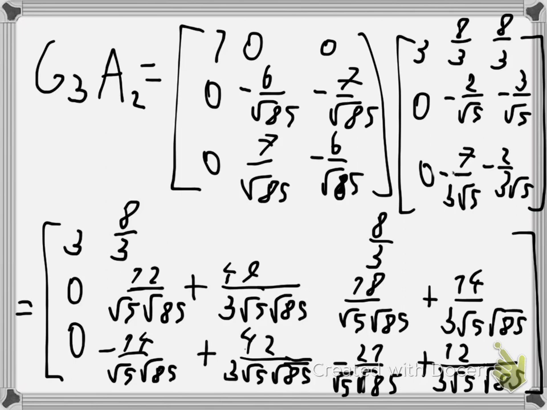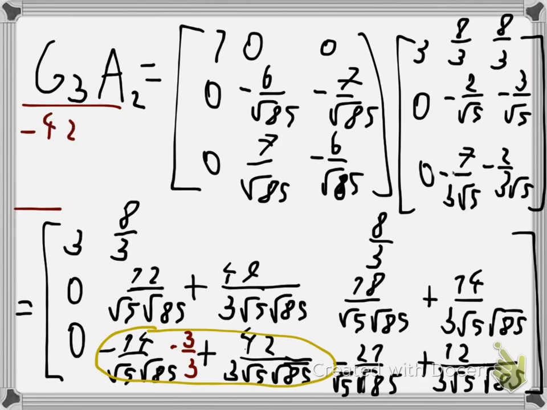Now here, if you multiply by 3 over 3, you get the same denominator. We get negative 42 plus 42 over 3 times square root of 5 times square root of 85.